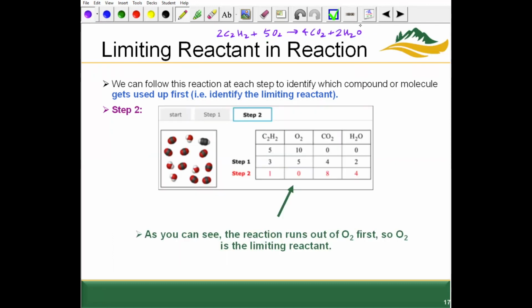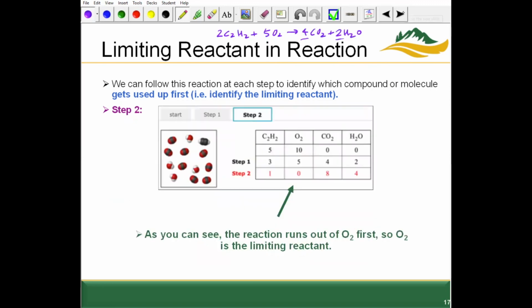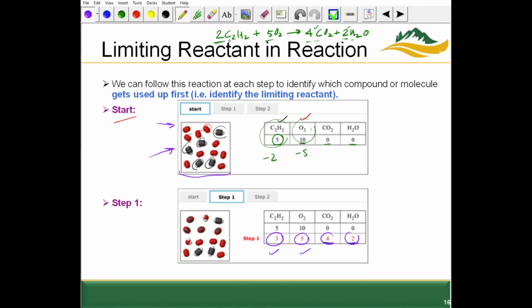So now to form 4 additional CO2 and 2 additional water, it went from 4 and 2 now to 8 and 4. For the C2H2, we needed 2 more to make more of the product. So now we're using up 2. This leaves just 1 C2H2 remaining.